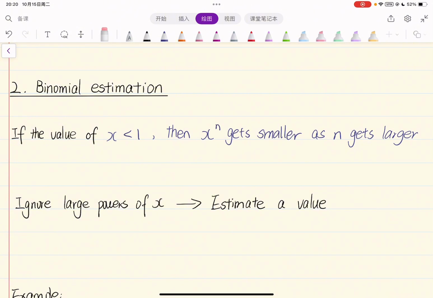So if x is small, you can sometimes ignore larger powers of x to estimate a value.